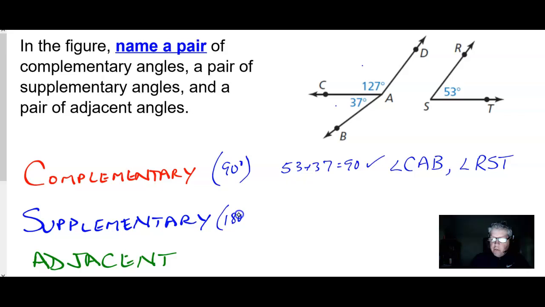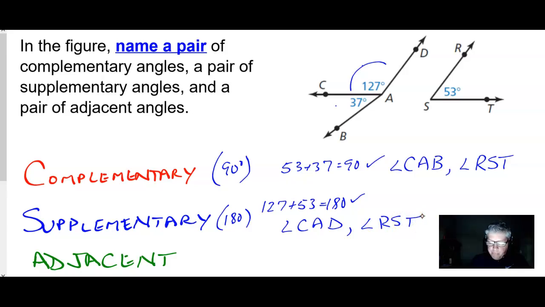Supplementary, I'm looking for two angles that add up to 180. These don't, oh, 53 and 127, I think. Yep, 127 plus 53 equals 180. So that means angle CAD, this one, and angle RST. Good.